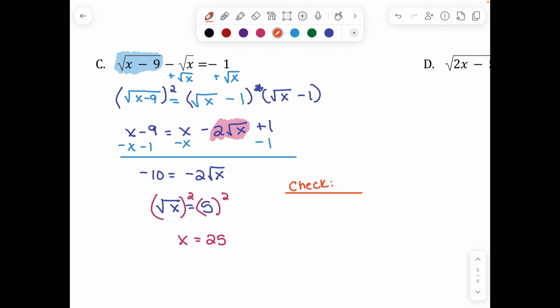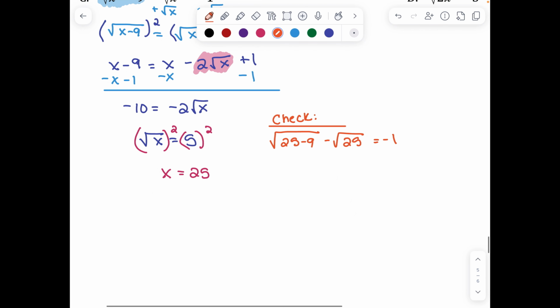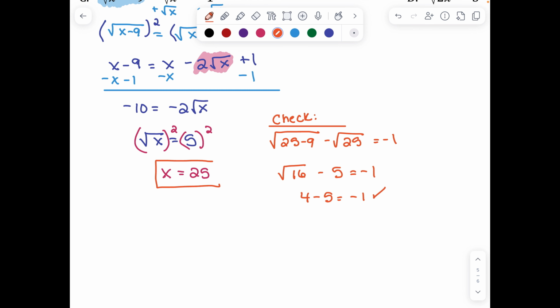So I have the square root of 25 minus 9 minus the square root of 25 should give us negative 1. I have the square root of 16 minus 5 equals negative 1. Is 4 minus 5 equal to negative 1? It is. So x equals 25 is our solution.